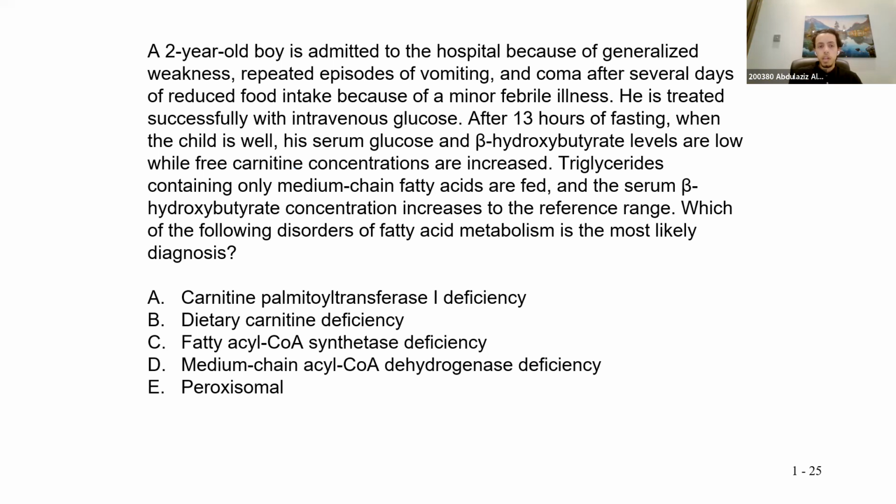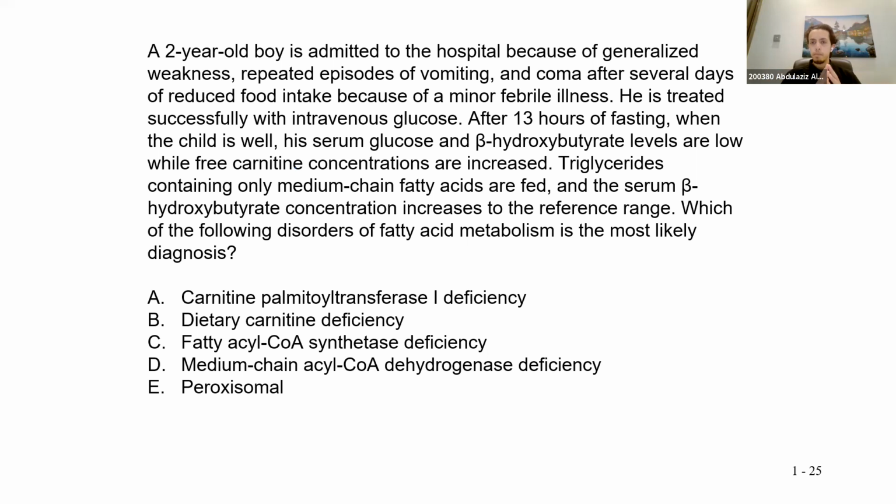Triglycerides containing only medium chain fatty acids are fed, and the serum beta-hydroxybutyrate concentration increases to the reference range. So this is the most important line right here. What happened is this child was fasting, and they checked his glucose and his ketone bodies, and they were low.